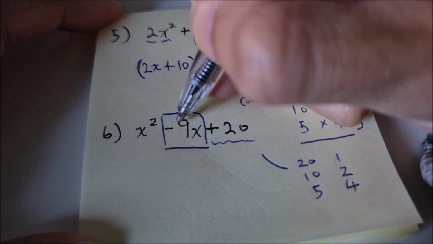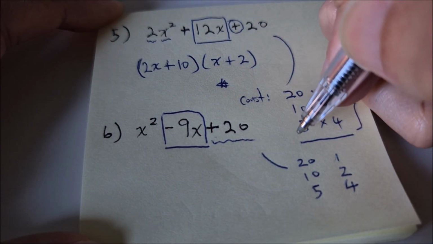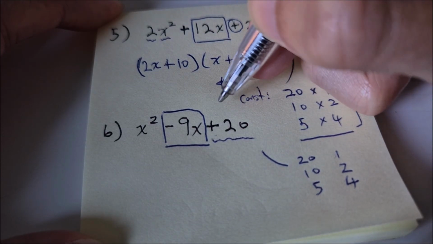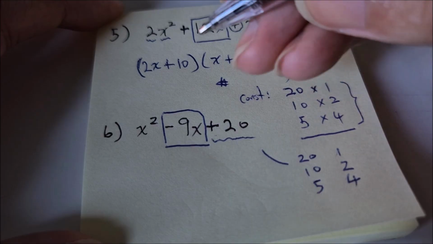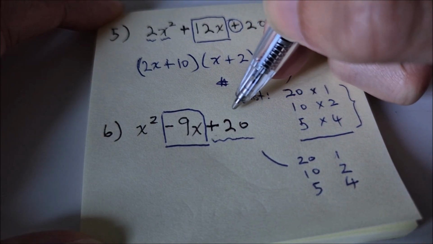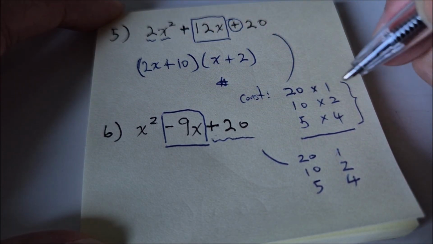And it's negative. And two negative numbers multiplied together will give you a positive number. We need to make sure that they multiply to 20 and also add to negative 9.